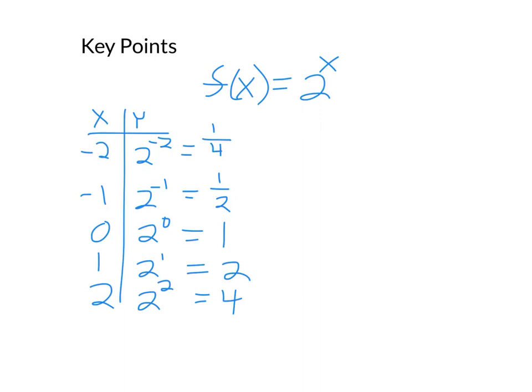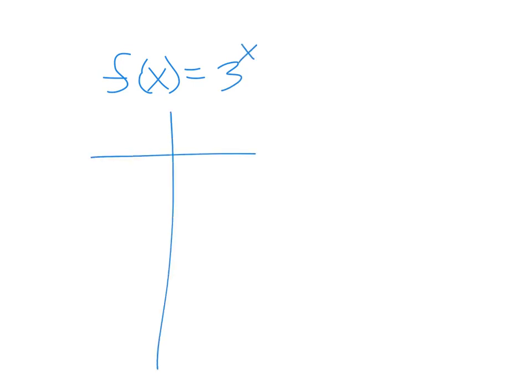This would not be the same series of key points if we change our base. So if we were to then use 3 as our base, we would see a different outcome, as we'll see on our next page. If we were to use f at x is equal to 3 to the power of x, when we look at our key points, we're going to use the same inputs, and we would end up with 3 to the power of -2, which is going to give us 1 over 3 times 3, or 1 over 9.